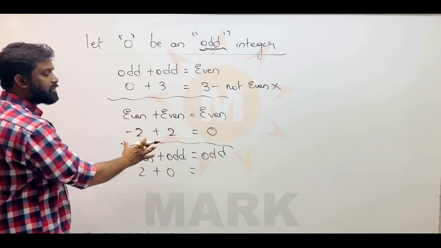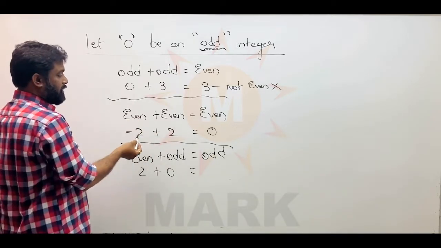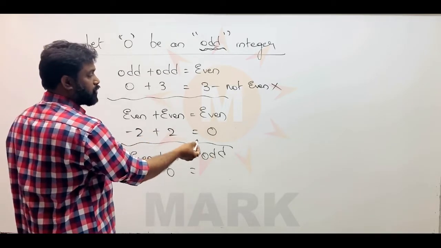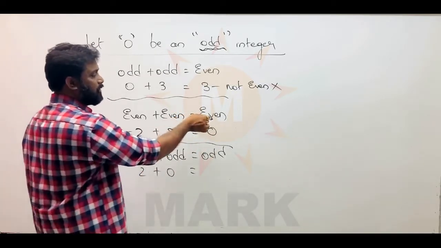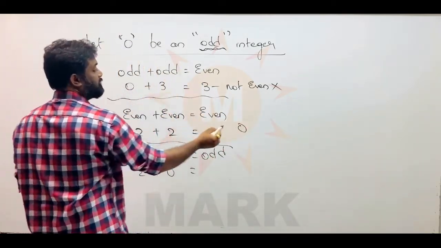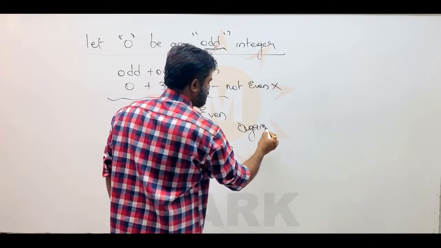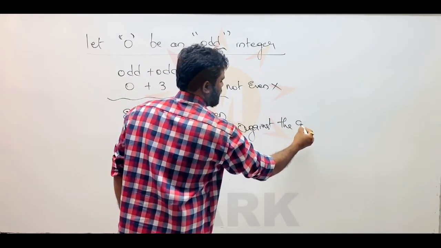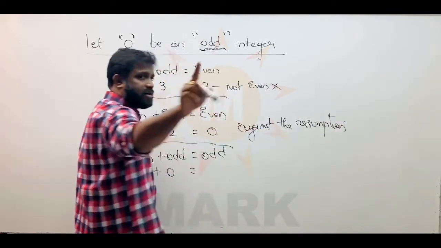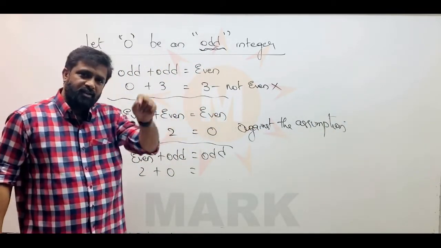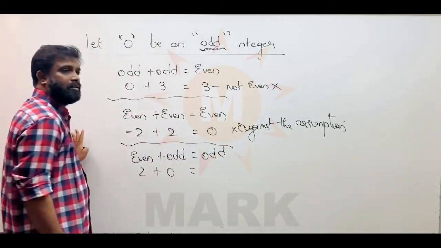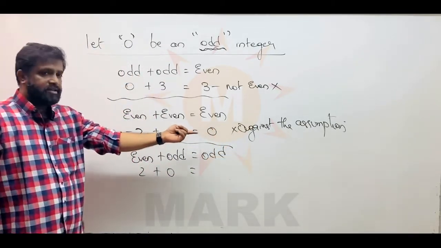Minus 2 plus 2 gives 0, and 0 is not an even number, against our basic assumption, because we assumed in the beginning that 0 is an odd number, but 0 is coming in the place of an even number. So this rule also got violated.